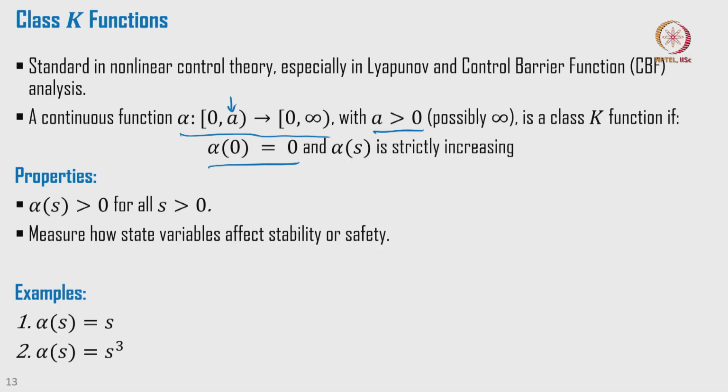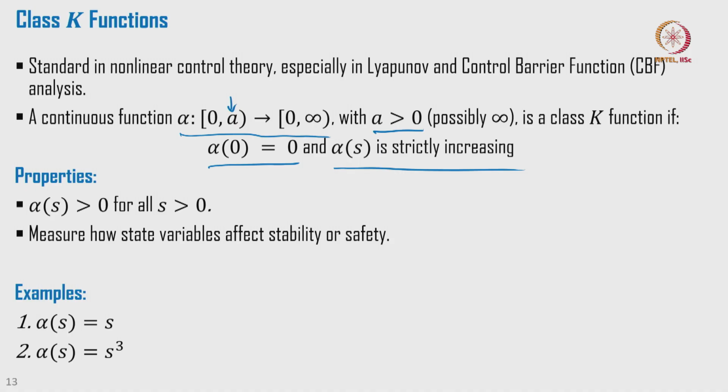That means the initial value of the function is 0 and alpha s is strictly increasing. Okay, fine. Some variable s, alpha s should be strictly increasing. Okay, it does not have any direct correlation with the Laplace variable s, just take it as an independent variable.